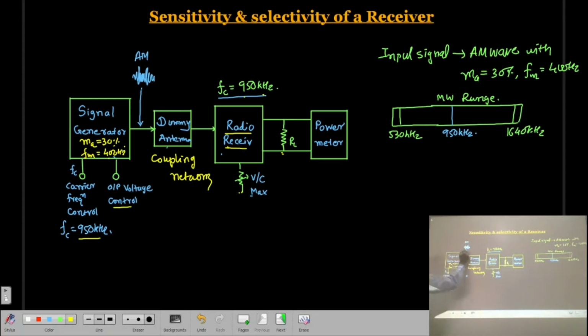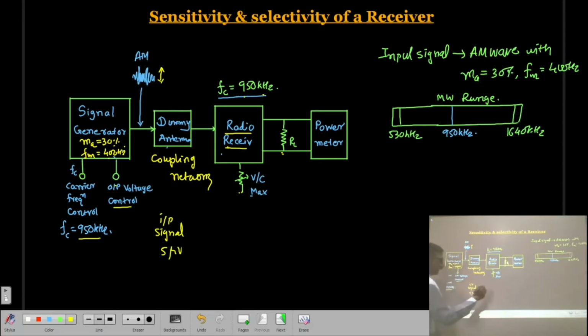Now you change this control voltage. Whatever the amplitude of the modulated wave is, you can change it with the help of this control. So you go on increasing the amplitude of your input signal. Suppose my input signal is 5 microvolt.